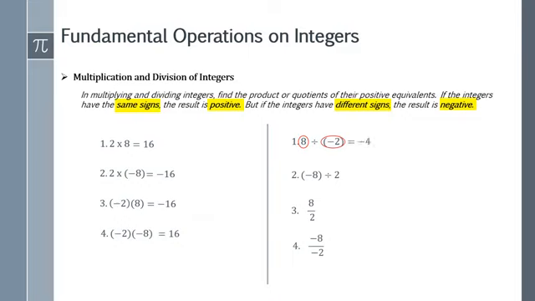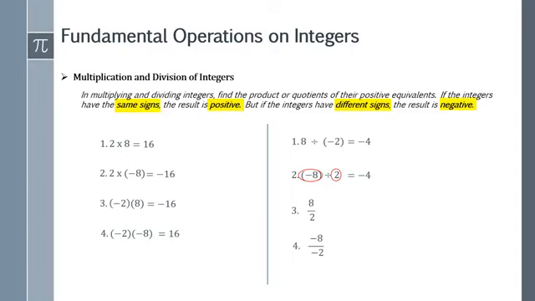Diba? Negative 4 kasi different sign. 8 is positive, 2 is negative, so different sign. If you divide 8 divided by 2, that is 4. So negative 4. Next, you have 2 positive, you have 8 negative, so different sign, so definitely the result is negative 4. Okay? Ganun lang kasimple, class.